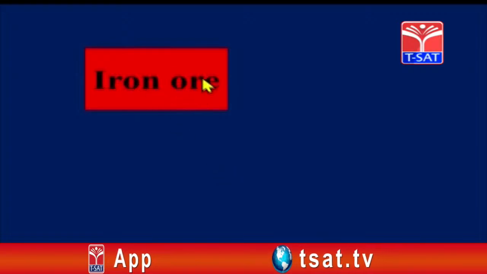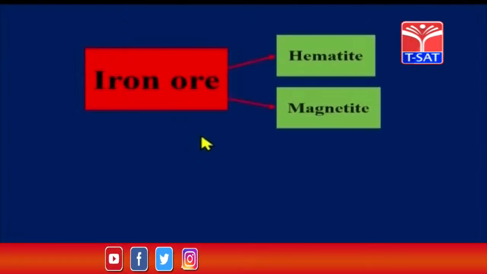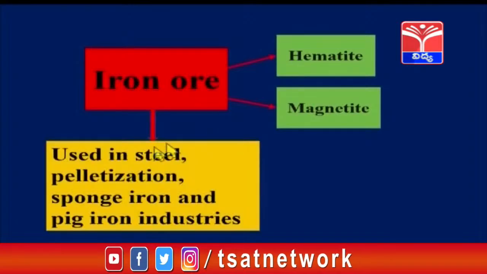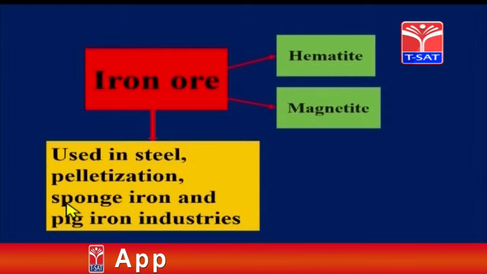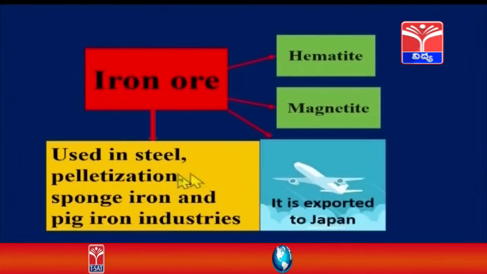We have discussed it is a metallic mineral. In our state, we get hematite and magnetite iron ore deposits. And it is used in the steel industry, pelletization, sponge iron and pig iron industries. It is also exported to Japan.